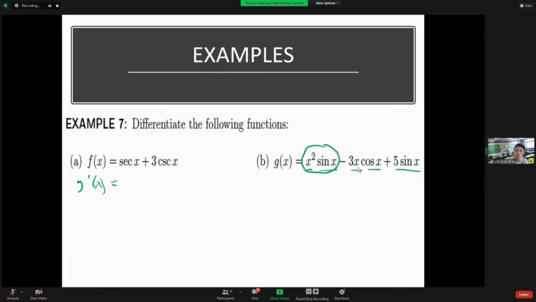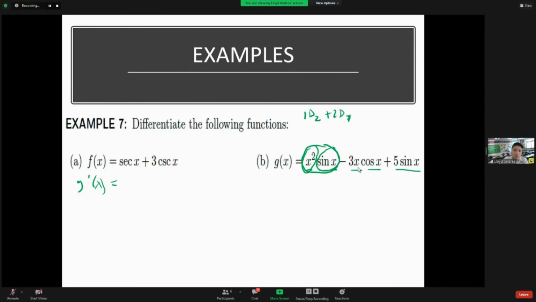We can't directly use the derivative because again this is a product between x squared and sin x. Since it's a product, we have to apply the product rule. The pattern of the product rule is first times the second plus second times the first.